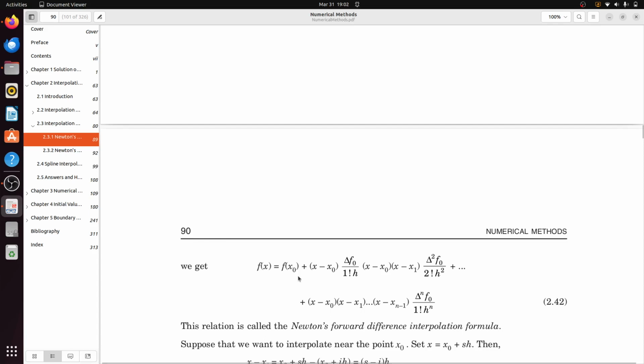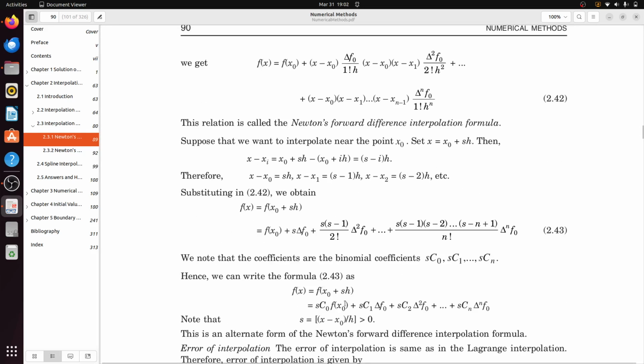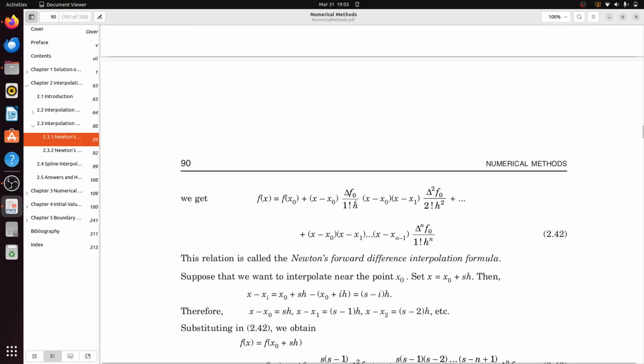f(x) is f(x0) plus (x minus x0) delta f0 by 1 factorial into h, where h is the spacing. Okay, there is one typo here: there will be a plus term. So f(x0) plus (x minus x0) delta f0 by 1 factorial h, plus (x minus x0)(x minus x1) delta squared f0 by 2 factorial h squared, plus and so on.